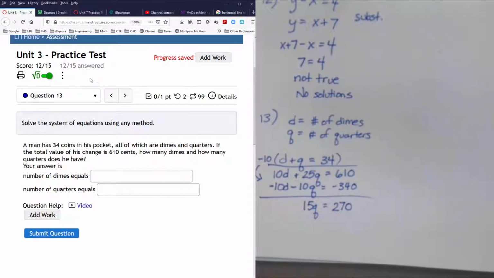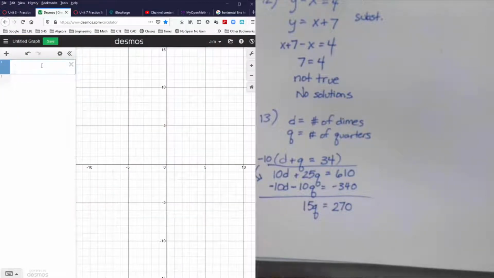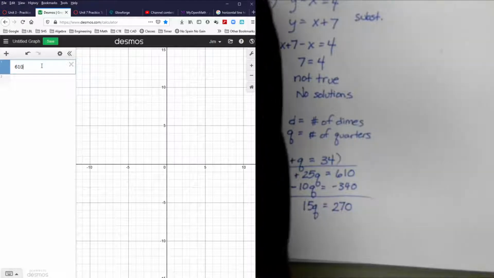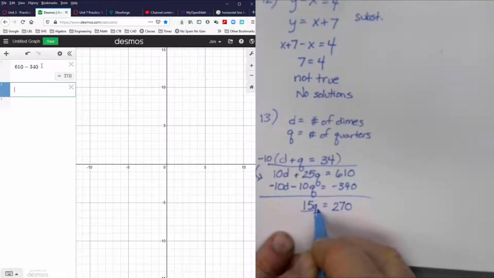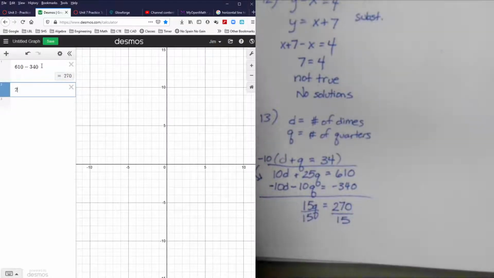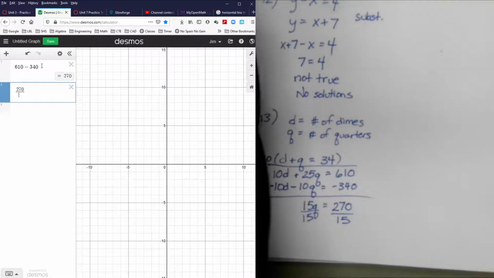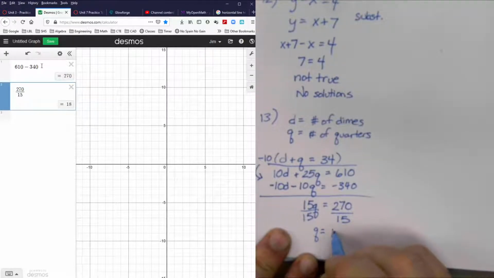270. And again, if I'm not sure about that, grab a calculator and do that, right? So 610 minus 340 is 270. Then my last step, I'm going to divide that by 15. And I'm going to use a calculator for that too. 270 divided by 15 is 18, and so I know that this person has 18 quarters.